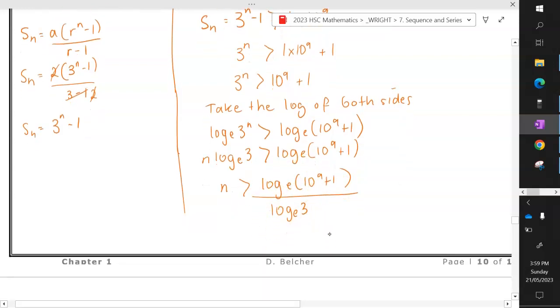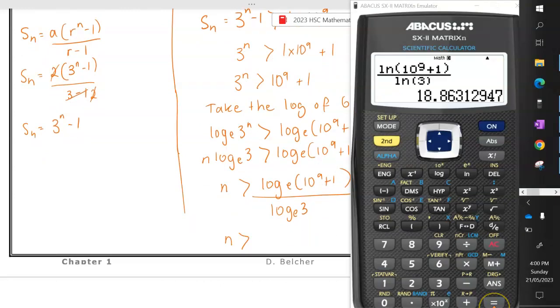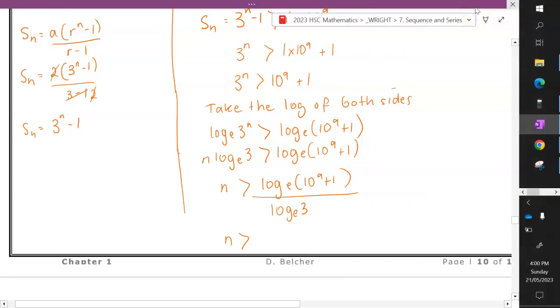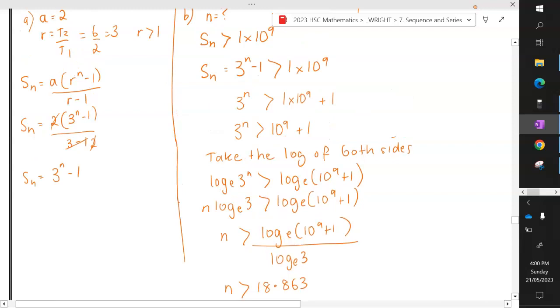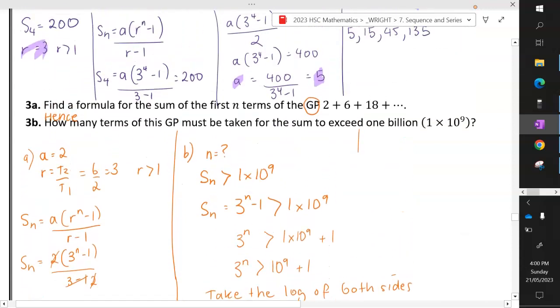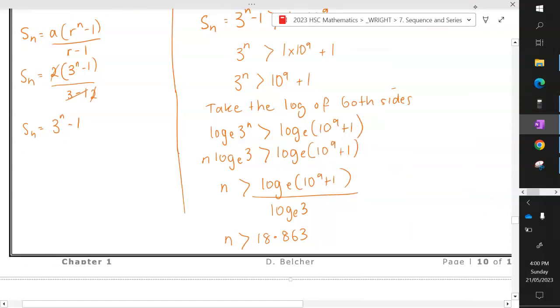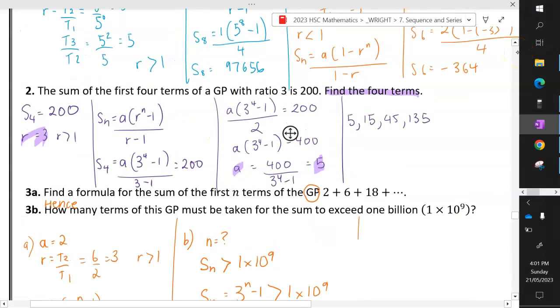So I want you to pop that in, and what you're going to end up with is a value of n of 18.863. That's how I popped it in my calculator if you want to have a look at that. I've ended up with n being greater than 18.863. What our question said was how many terms of this GP must be taken for that sum to exceed 1 billion.